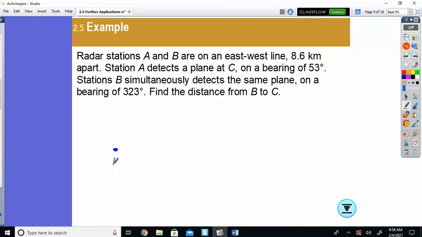If I have radar station A, east-west line would be just a horizontal line. Radar station B, the distance between them is 8.6. So make sure you're drawing these pictures as you go through.